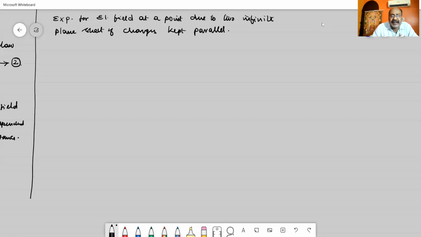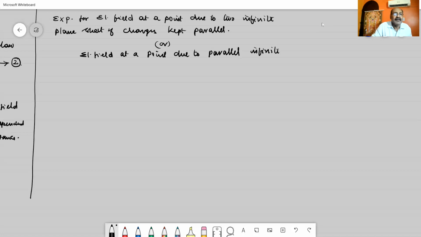So we can also say electrical field at a point due to two parallel infinite plane sheets of charges. Let us see how I can get this.